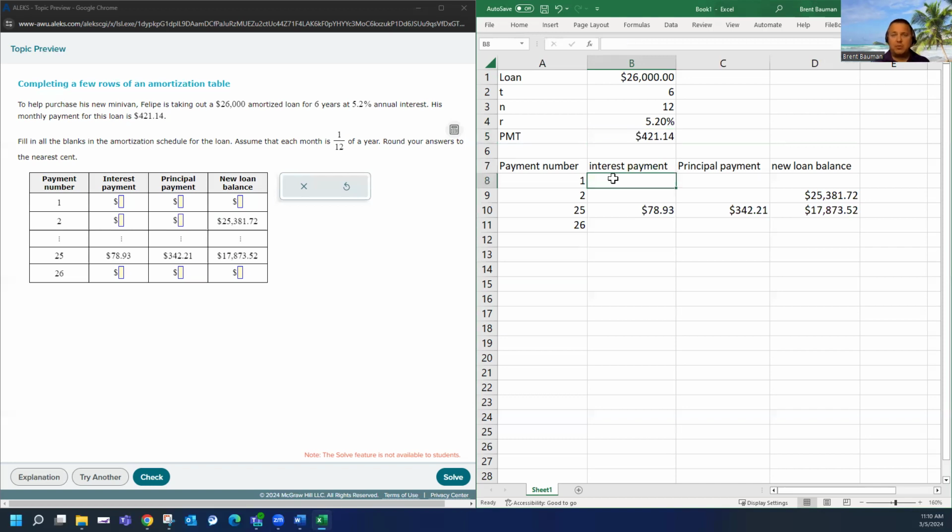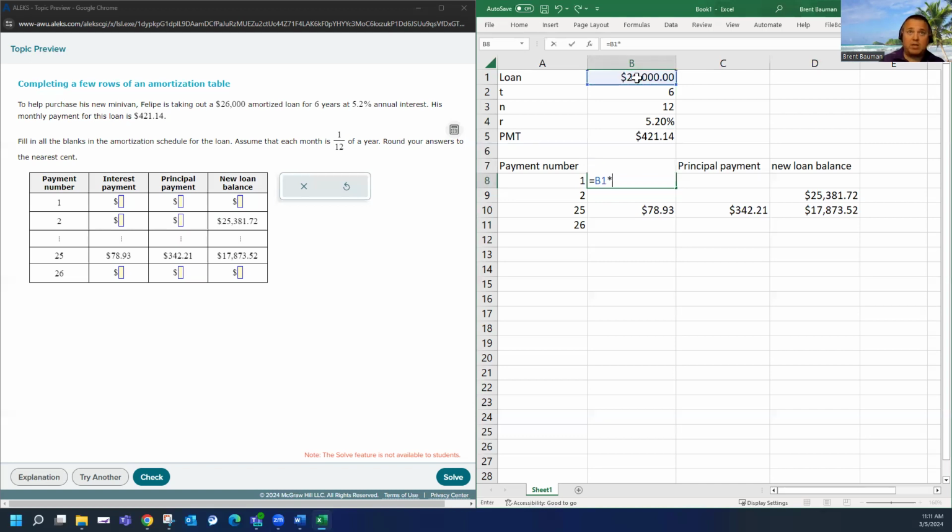Okay, so in the first month, we have an interest payment. The interest payment is going to be based off of the current loan amount. So in the first month, the loan amount is the original $26,000. We haven't made any payments yet.